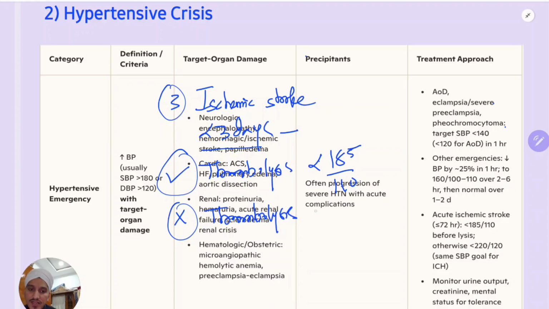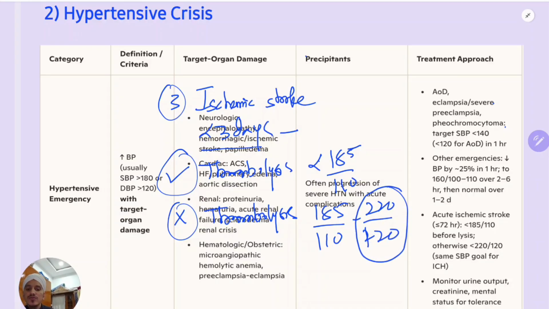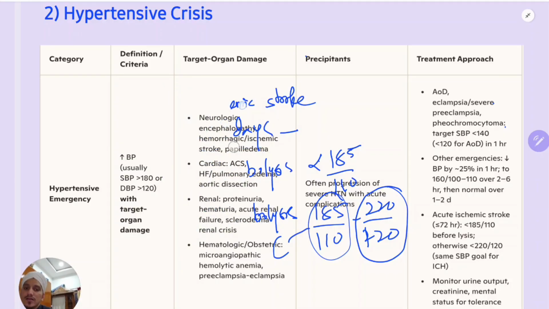If it is not done, then the BP should be maintained between 185 to 220 by 120, meaning BP should be brought to less than 220 by 120. It should be maintained, and gradually reduced over days to the normal BP. The same applies to intracranial hemorrhage. Monitor urine output and creatinine.